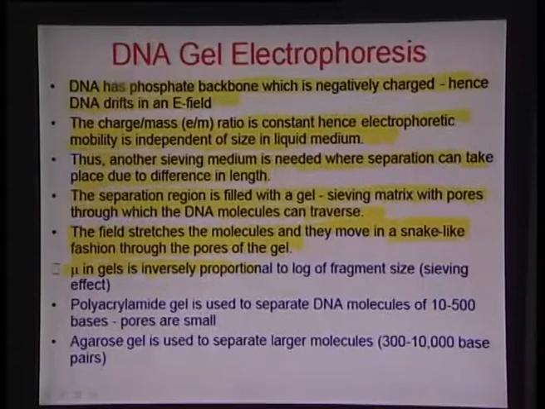The electrophoretic mobility mu in gels is inversely proportional to the log of the fragment size, and this is essentially known as the sieving effect. So the mobility would be more if the logarithm of the fragment size is smaller, or vice versa.